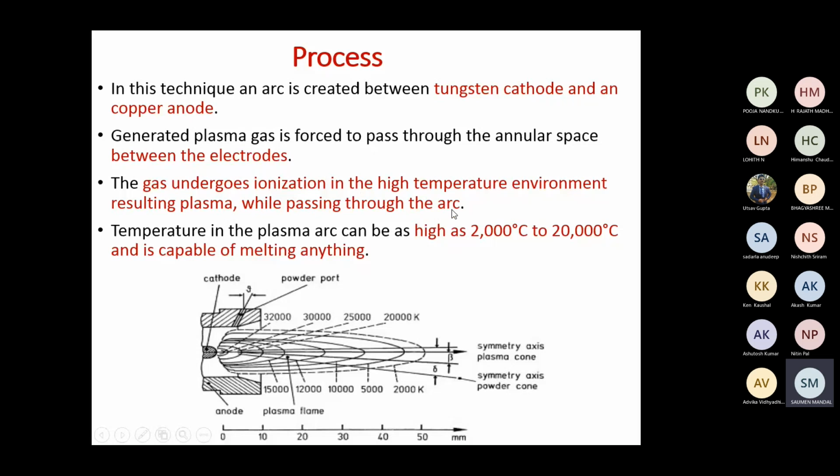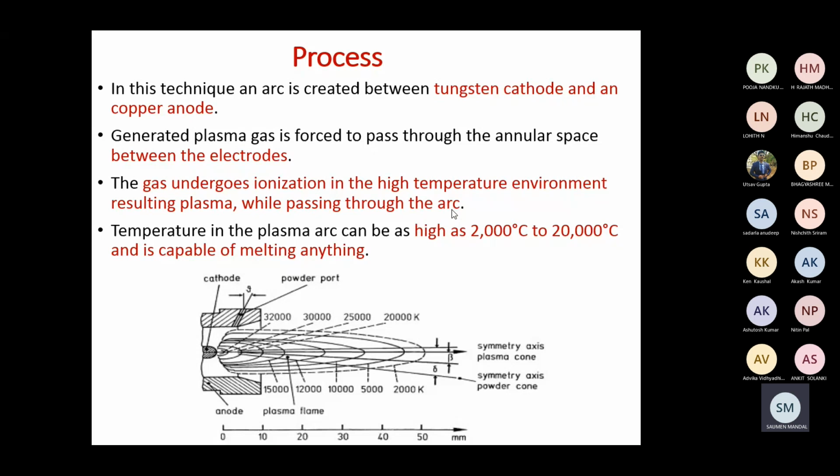Plasma is nothing but ionized gas, made of ionized atoms, free electrons, and some neutral atoms, a mixture of everything. The temperature in the plasma arc can be as high as 2000 to 20,000 degrees Celsius, and it's capable of melting anything. That is a very strong statement, but it is true.